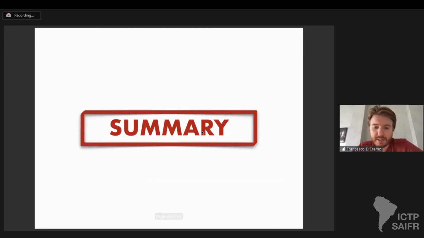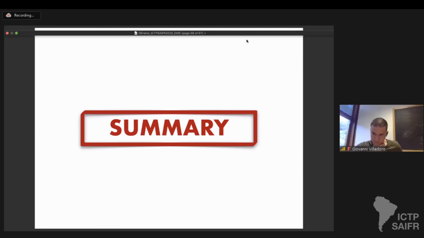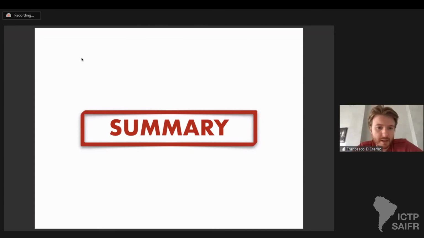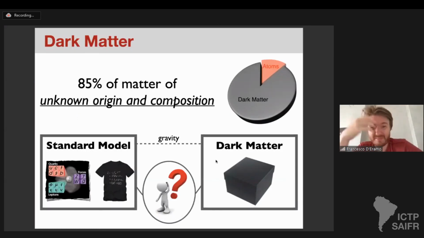Okay, so to summarize this set of 5 lectures on dark matter, you can say, and we should say, and we can say with confidence, that 85% of matter composition in the universe is of unknown origin.